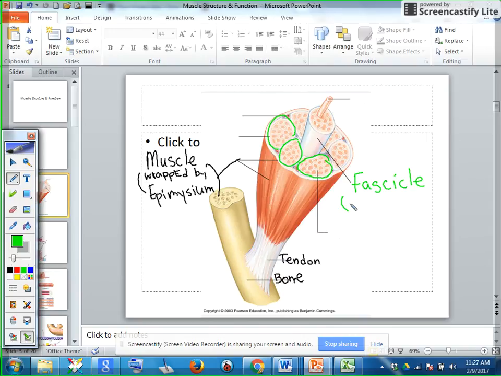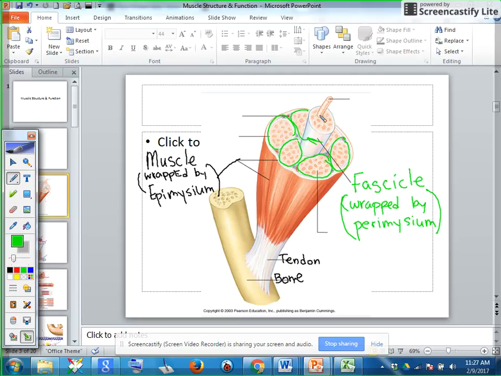And the fascicle is wrapped by perimysium. So all of these are fascicles, and they are wrapped by the perimysium.